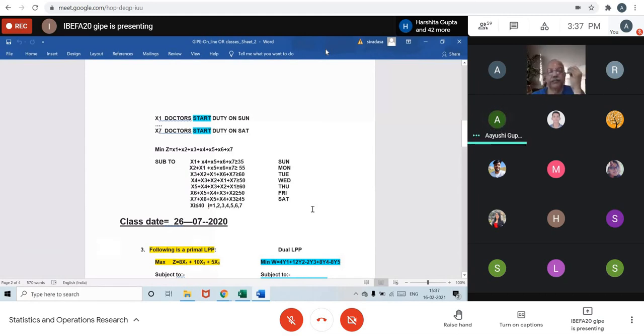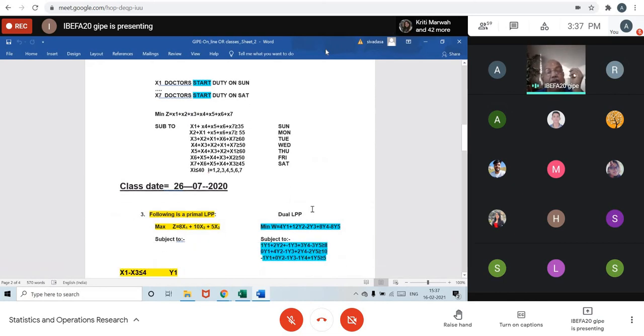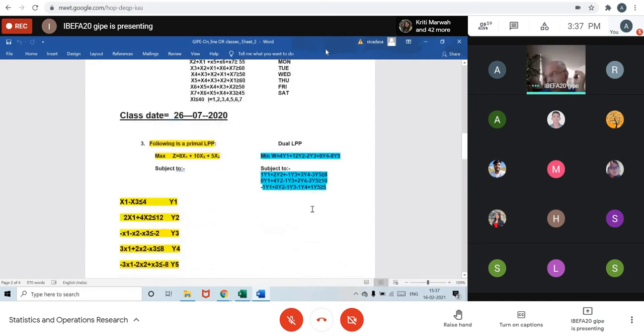Okay, yes, sir. So it'll be that has to be minimized. Maximize. So this way, you are well familiar about LPP. Only you have to repeat it for dual.